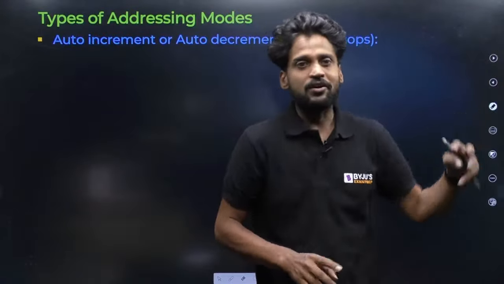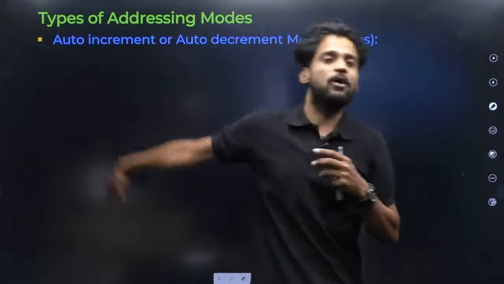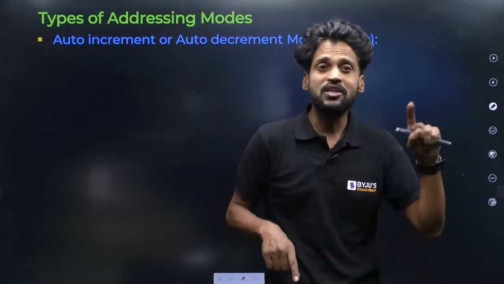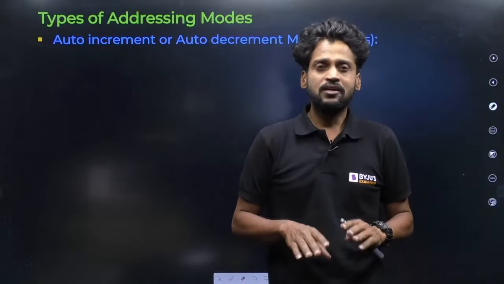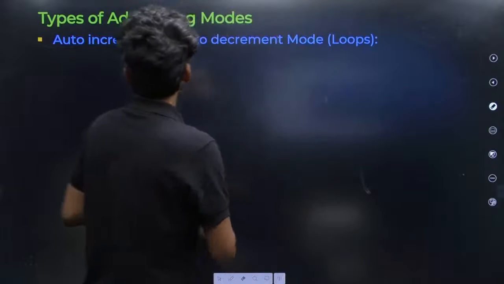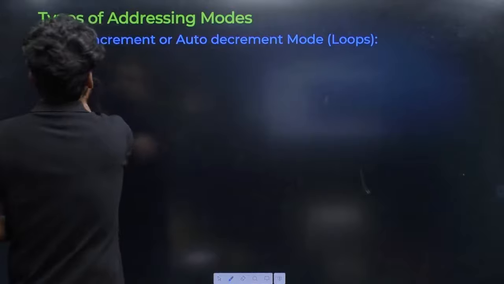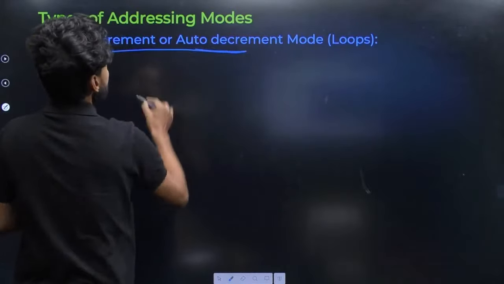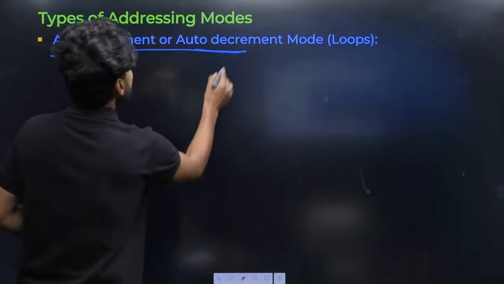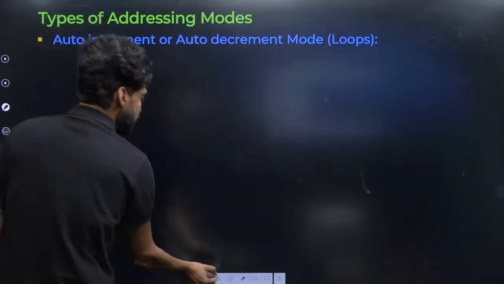We went to the memory address, collected the operand, and performed the operation. Till here, auto increment addressing mode is pretty much similar. I'm not talking about auto decrement; I need to confine this to just auto increment.